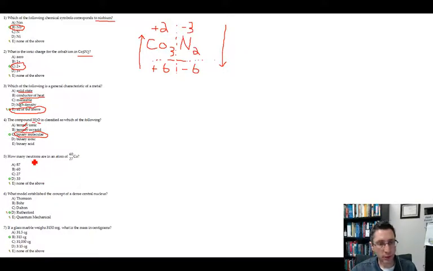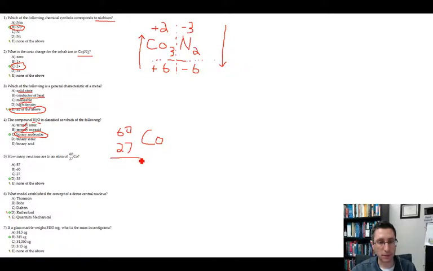How many neutrons are in an atom of this symbol right here, cobalt-60, 60 over 27 Co? Cobalt again here making an appearance. This top number is neutrons plus protons. The bottom number is just protons.